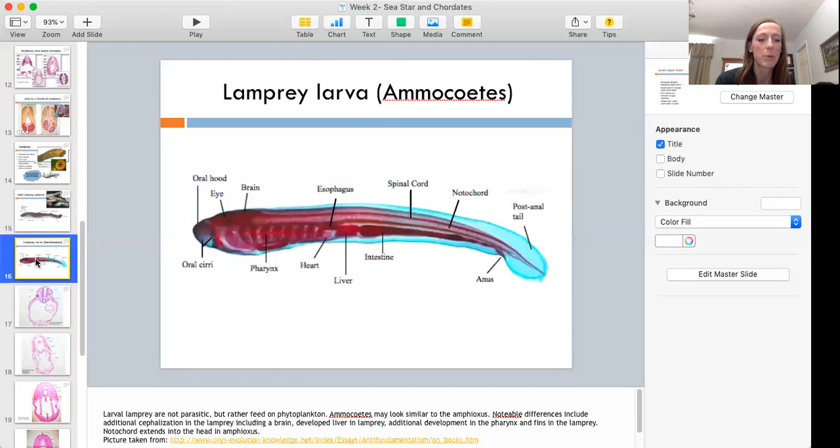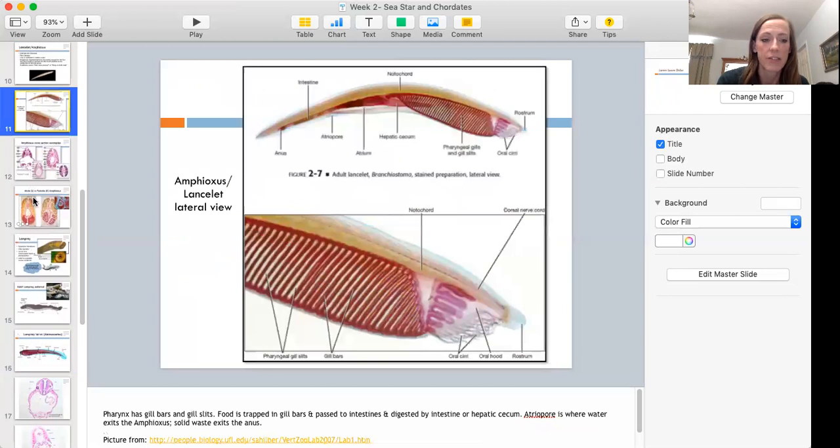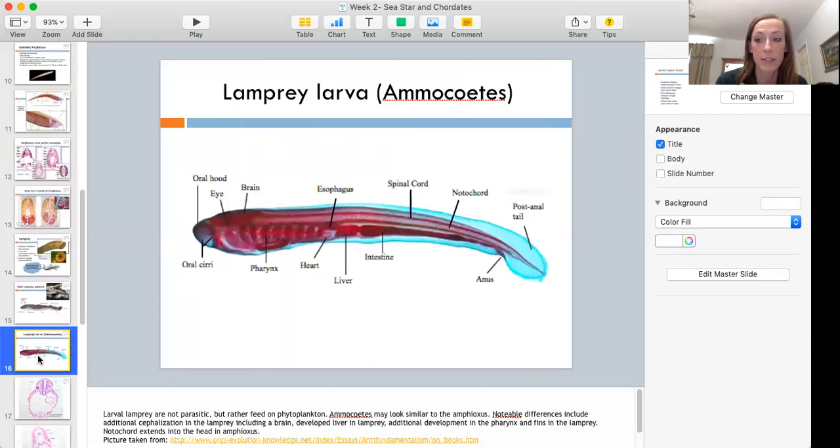They're really cool. But we're also going to look at the larval form, which again we call ammocoetes. I will admit that it looks a little bit like the Amphioxus, which is the one that we just looked at. Right here is the Amphioxus. Here is ammocoetes. However, there is some additional specialization in the lamprey than in the Amphioxus.